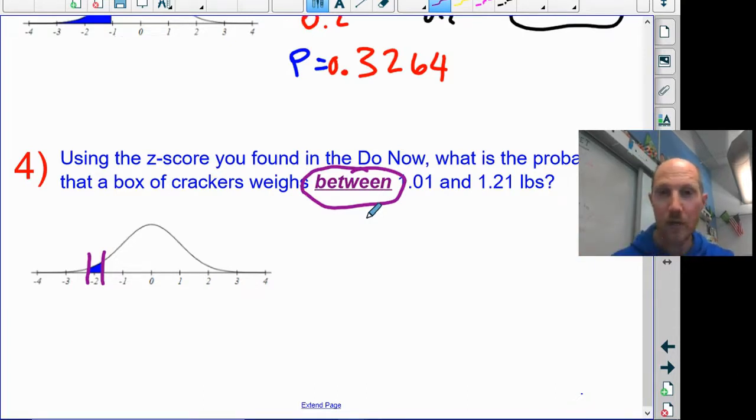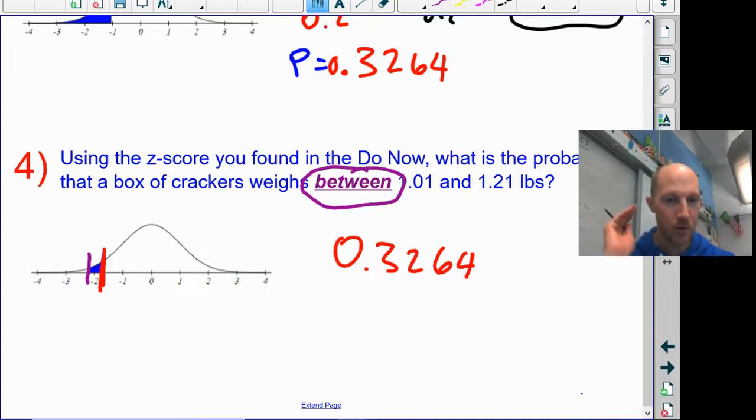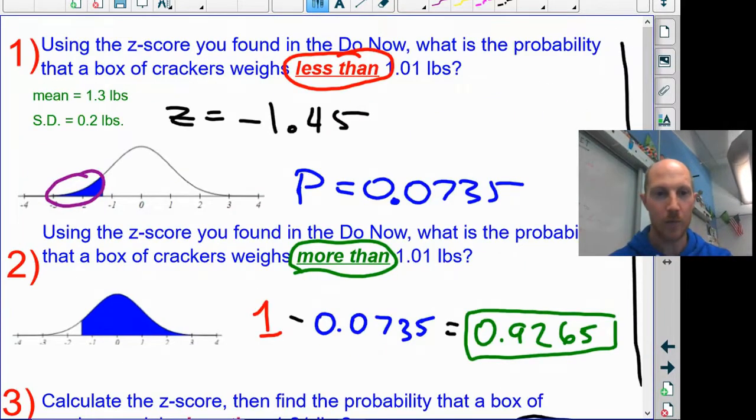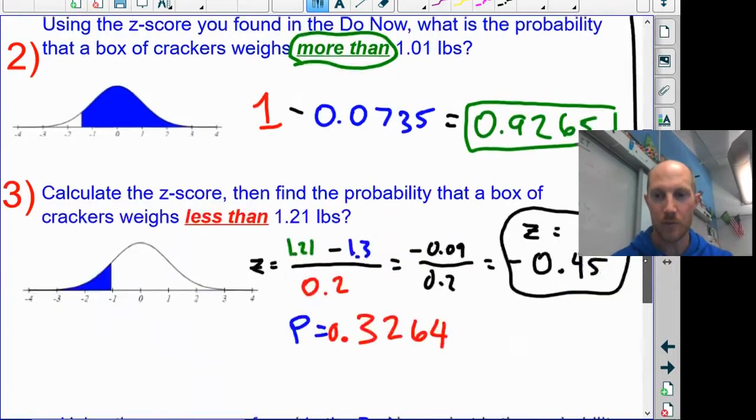I could subtract the probability of the one that's furthest to the left, which I just had in question 3. It's the 0.3264. So starting from that one, subtract the probability of the value at the left edge, which is the one that we had up here from question number 1. It's the 0.0735.